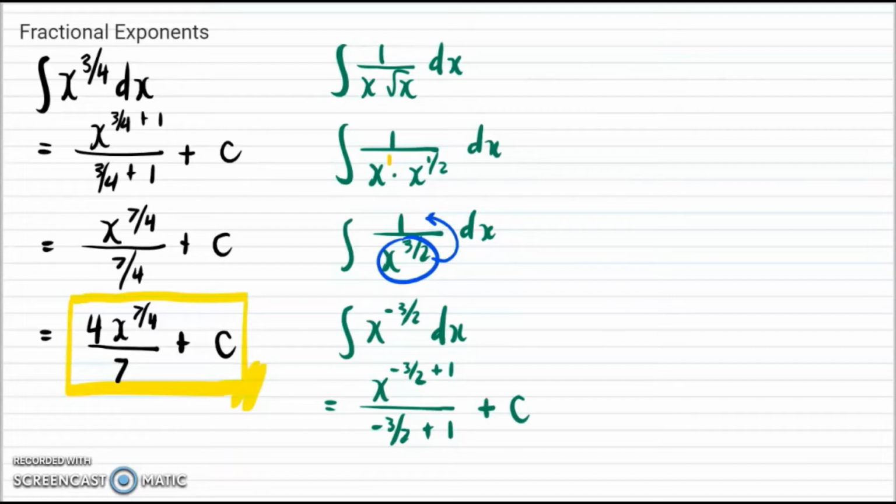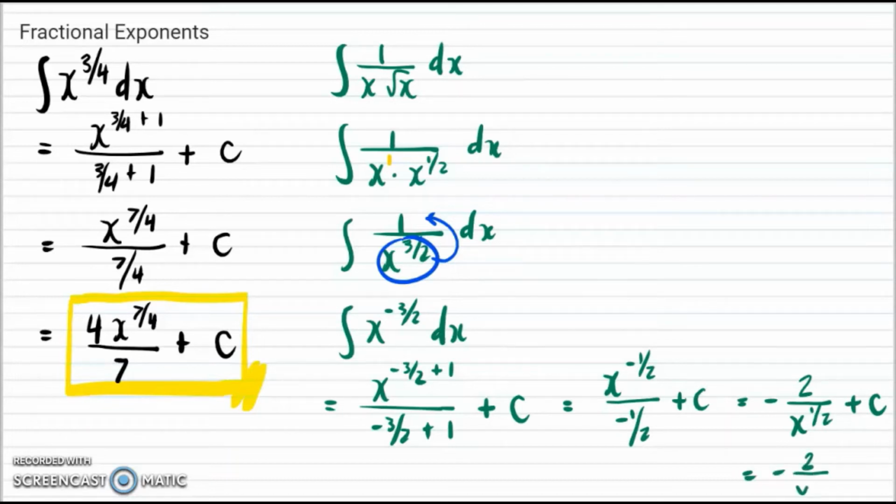Simplifying this further, we have x raised to negative 1/2 over negative 1/2 plus c, and as our final answer, we have negative 2 over x raised to positive 1/2 plus c. Or you can bring back the radical if you want. This could be negative 2 over square root of x plus c.